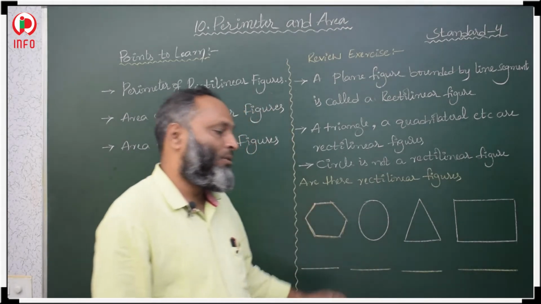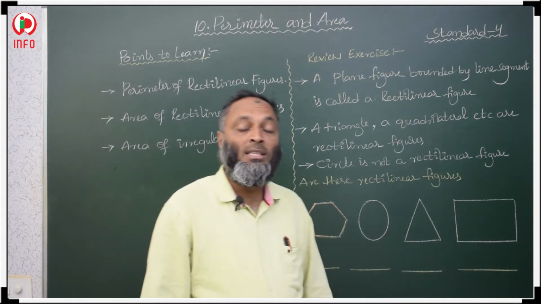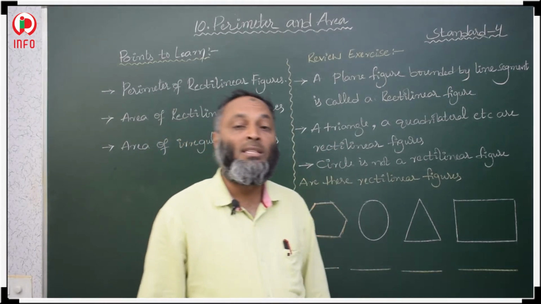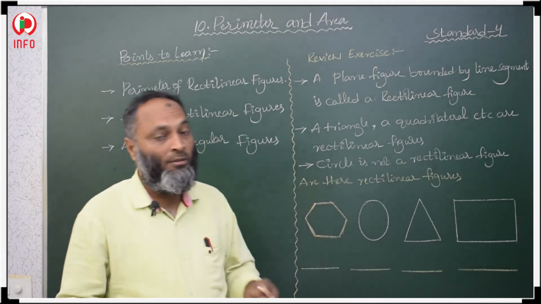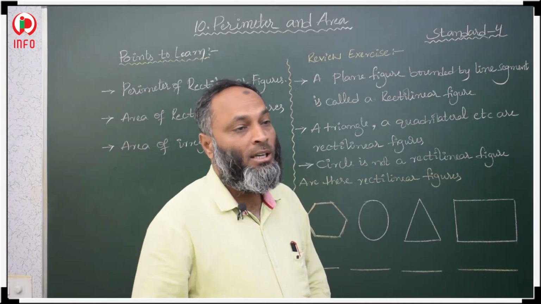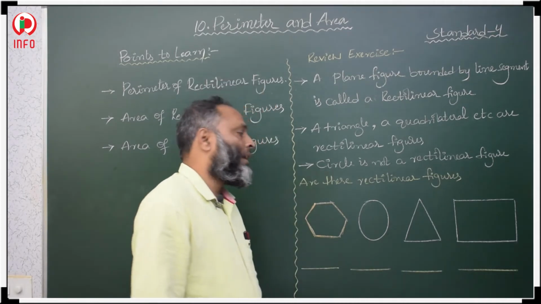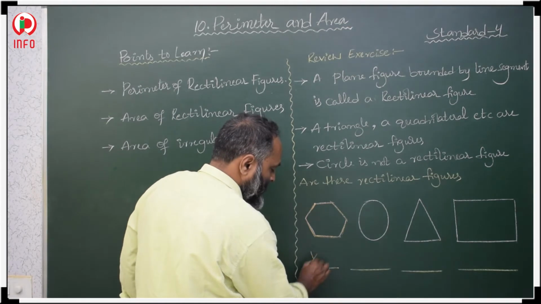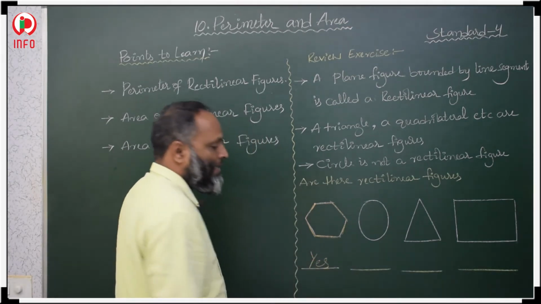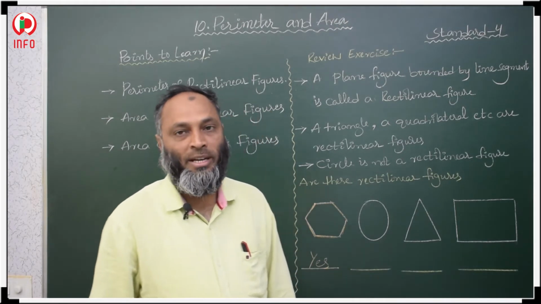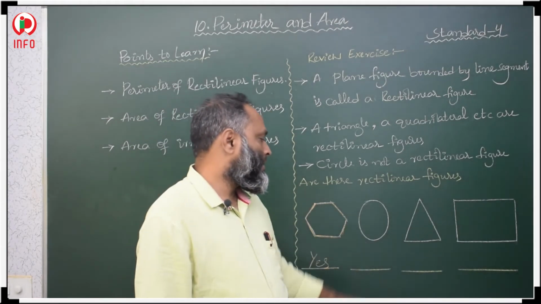So this hexagon is bounded with 6 line segments. If any geometrical closed figure is bounded with line segments, then that is a rectilinear figure. So the answer here is S. This is a rectilinear figure. Why? Because it is bounded with straight lines, 6 straight lines. Here this is a circle.